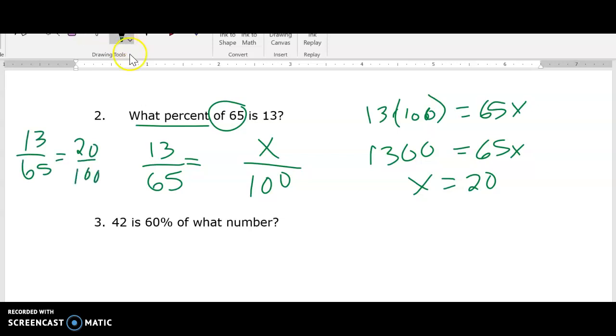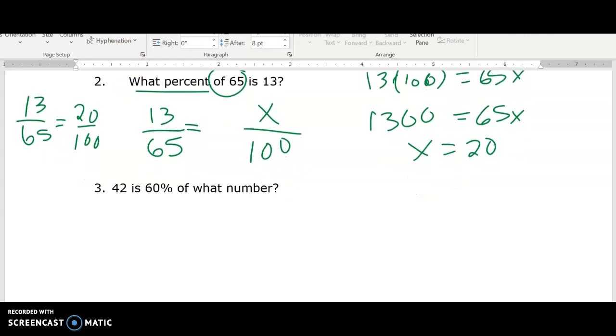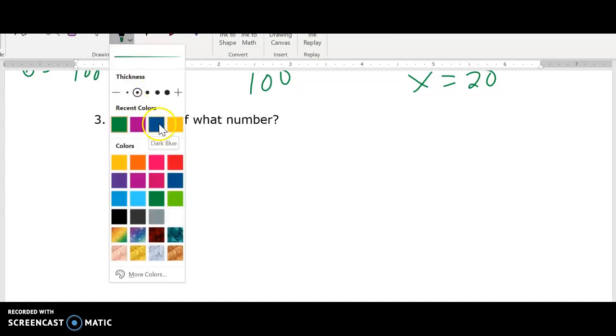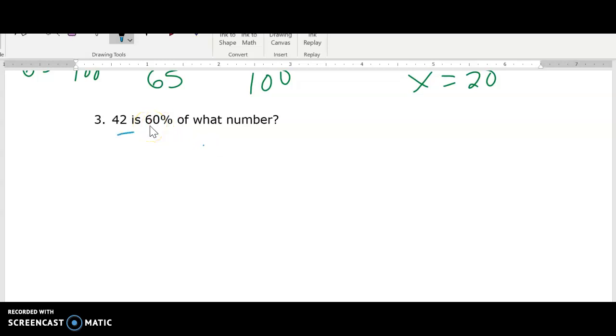Okay, next one. Forty-two is 60% of what number? So we have the part, we want to find the whole.